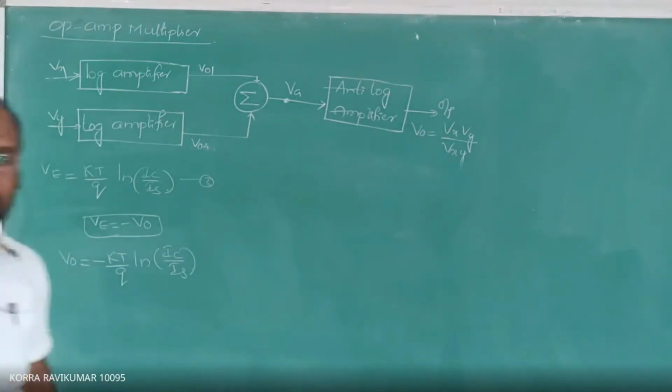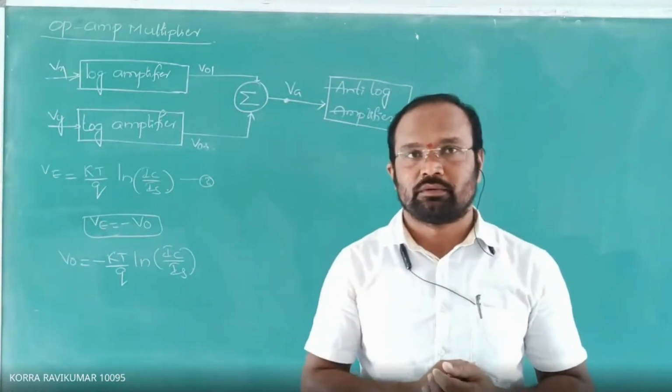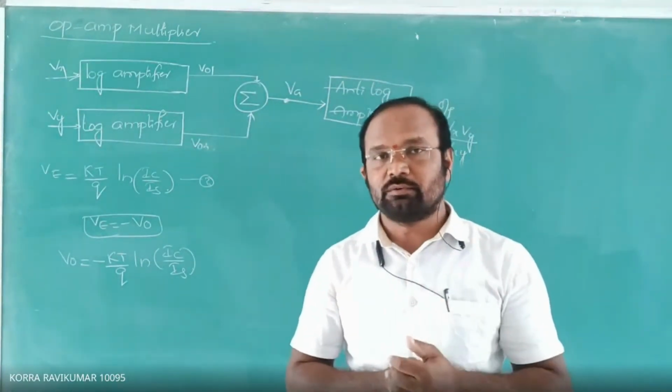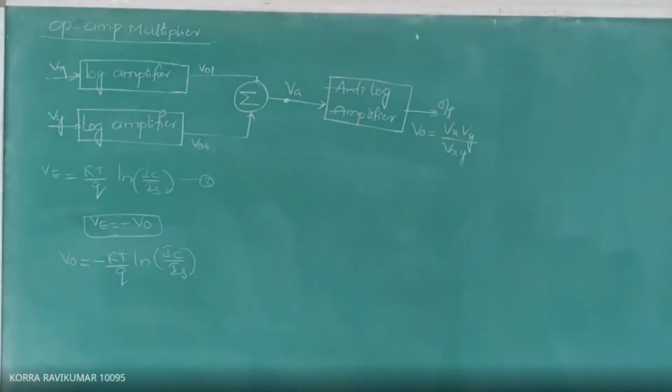Please look at the circuit, all of you. What was the input current through the resistor?